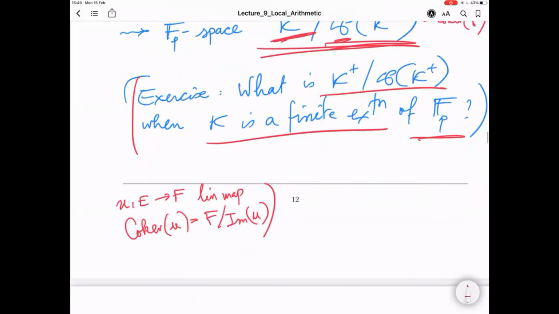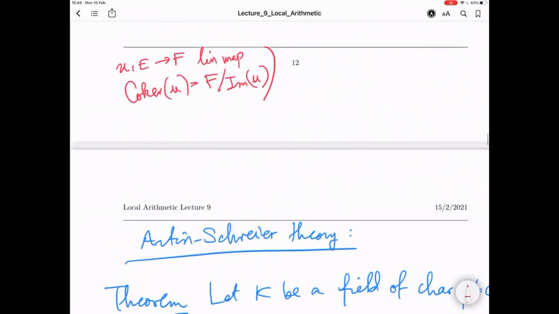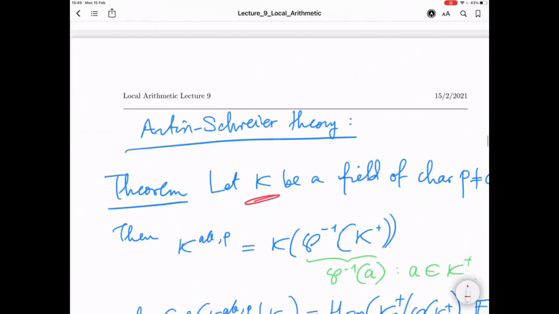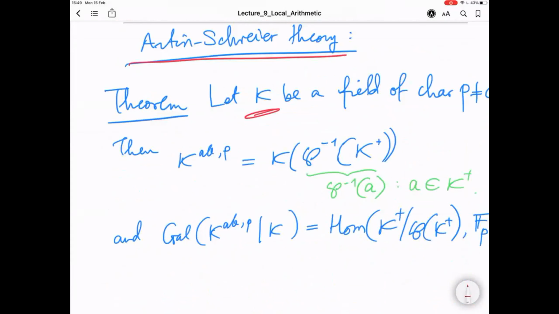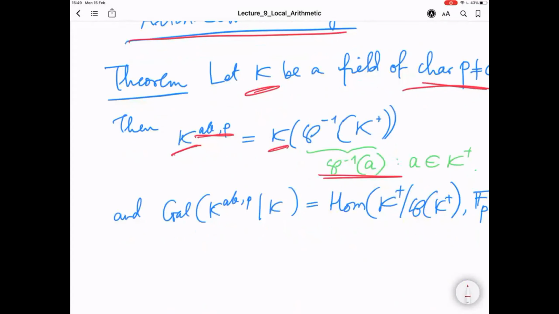In any case, you have it for an arbitrary field k of characteristic p. And what Artin-Schreier theory says is that the maximal abelian extension of exponent p of this field k of characteristic p is obtained from k by adjoining ℘ inverse of a.